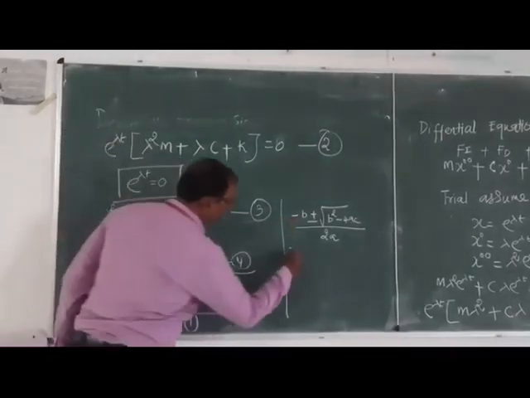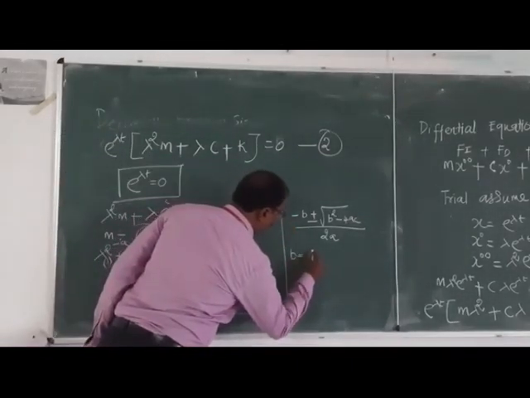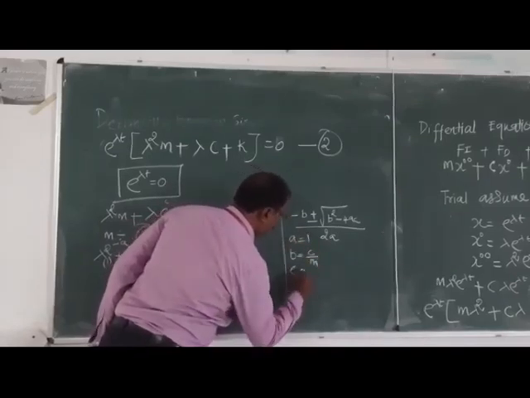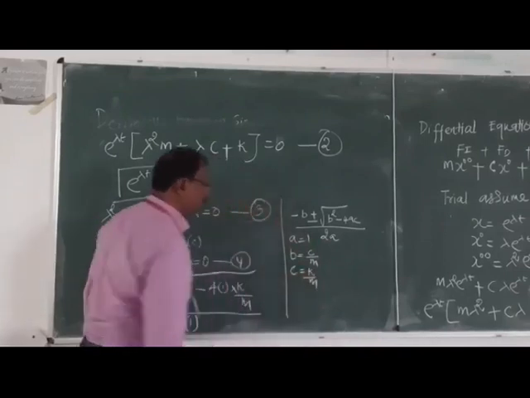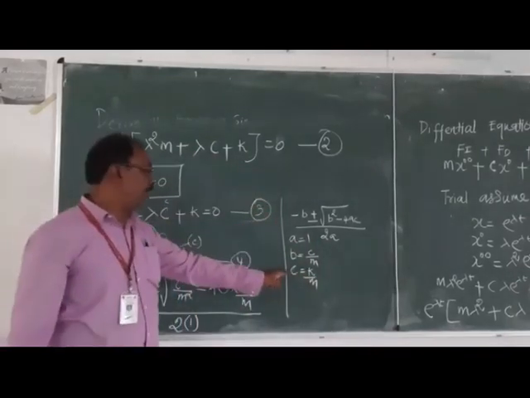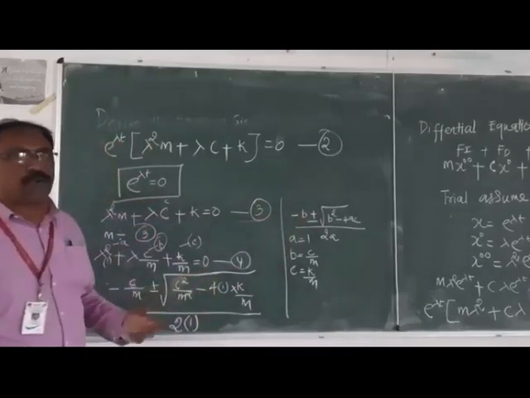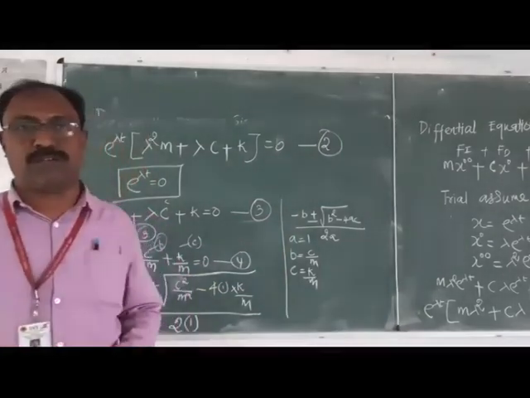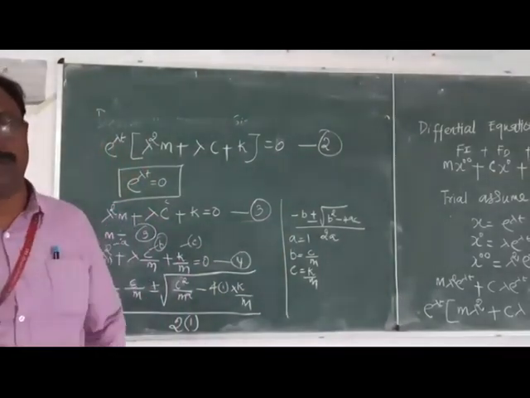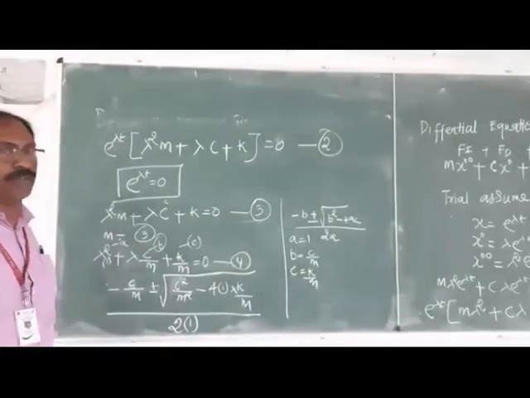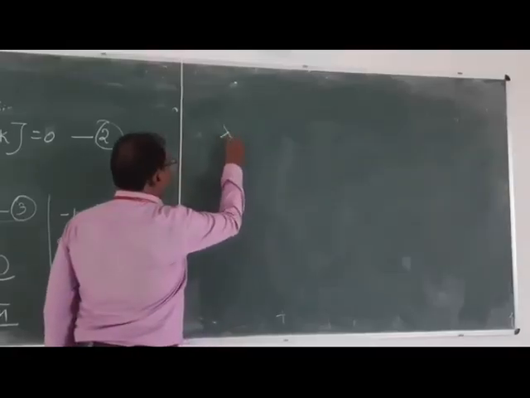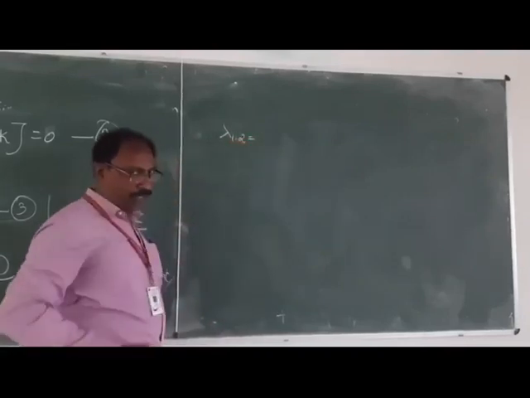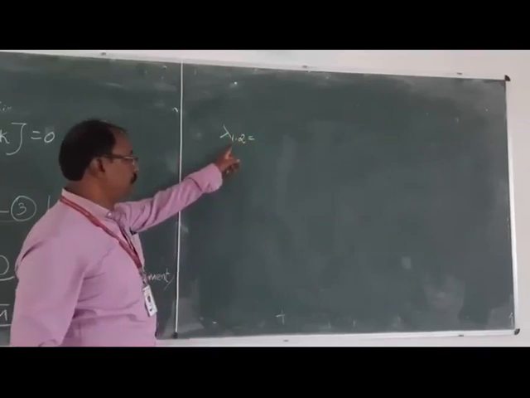Here b is c by m, a is equal to 1, c is equal to k by m. Applying these values, we get the quadratic formula. A quadratic equation has two roots, hence lambda 1 and lambda 2.